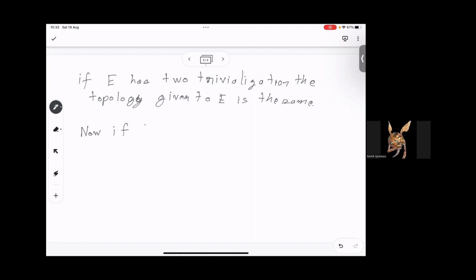Now, if E is any vector bundle, we know E is locally trivial. So we can in fact find an open cover on which it is locally trivial. So let U alpha be a cover on which E is trivial.